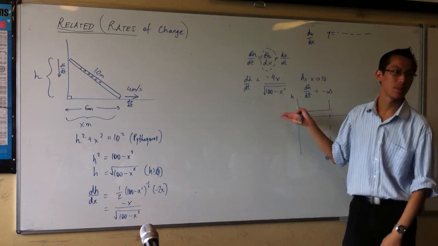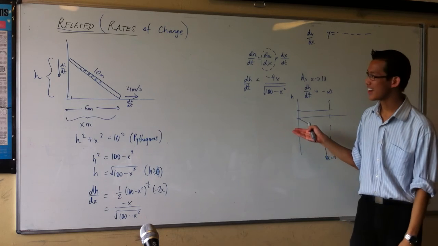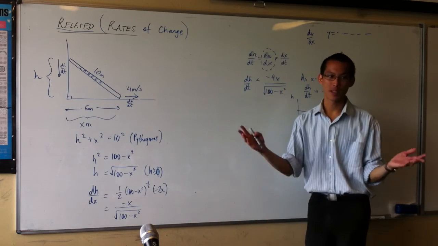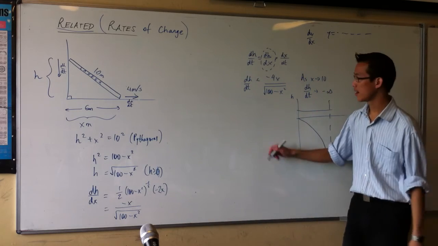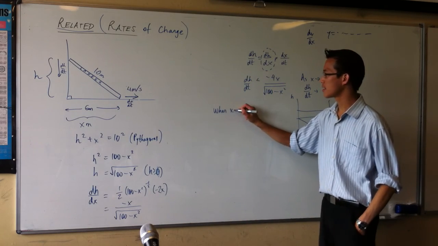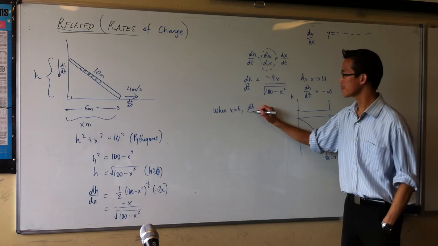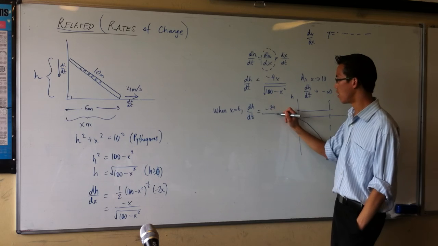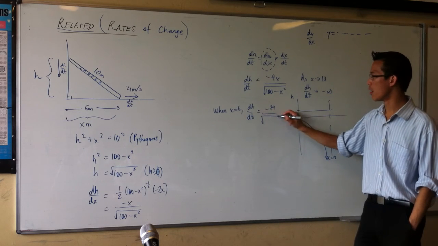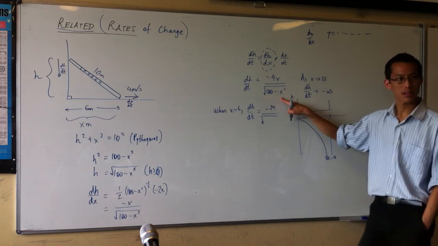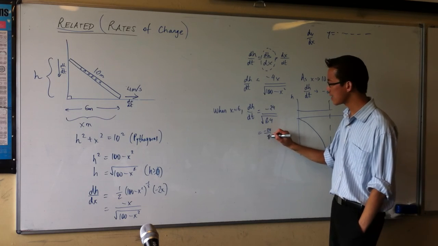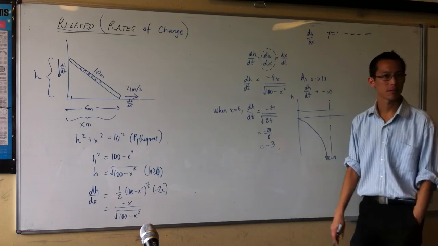Now, I wanted this at a particular position, right? What position did I want it? When x is equal to 6. So the last part is just pop it in, okay? So when x is equal to 6, that derivative will be, let's see, minus 24 on the square root of 100 minus 36, which is 64. So that's minus 24 on 8, which is minus 3.